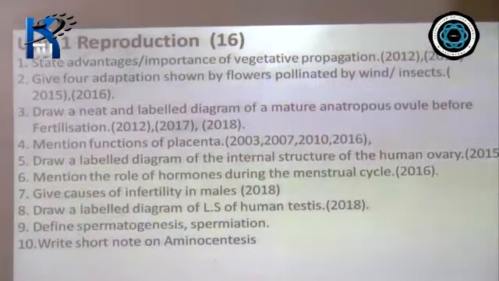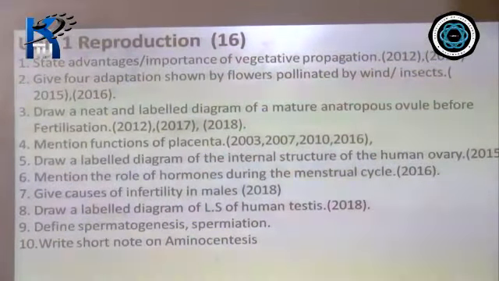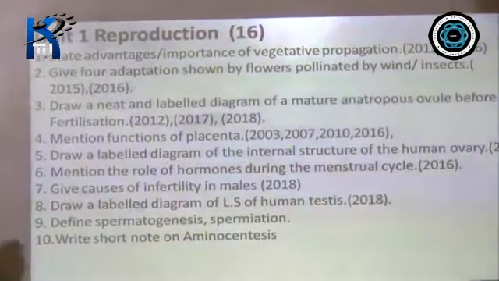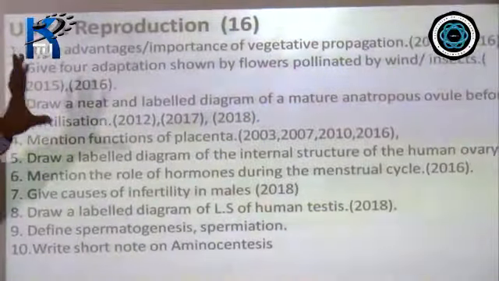These are some of the questions, and after that I will be discussing. In your unit 1, that is the reproduction chapter, the total weightage of marks is 16 marks.